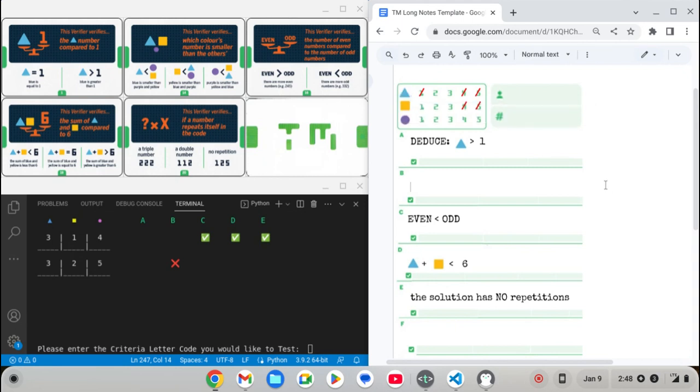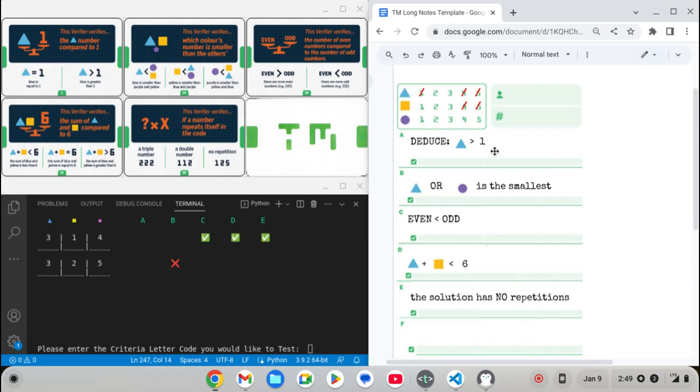So let's go ahead and say triangle or circle is the smallest. Okay. Well, I definitely did cross out a lot of numbers based on this assumption.